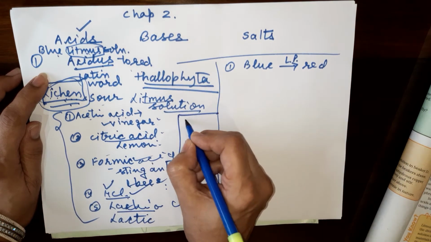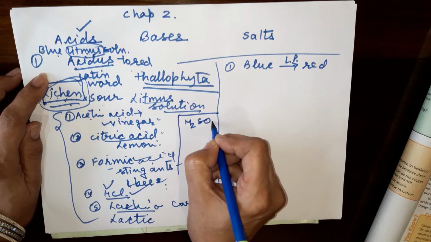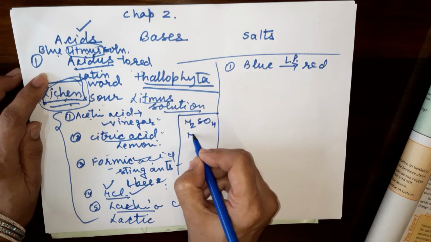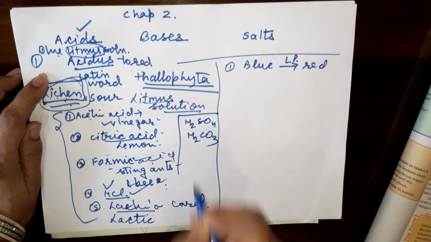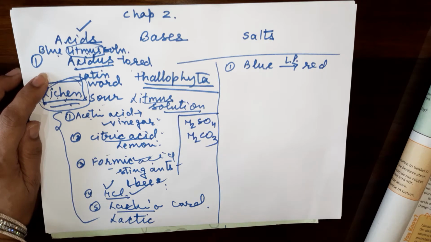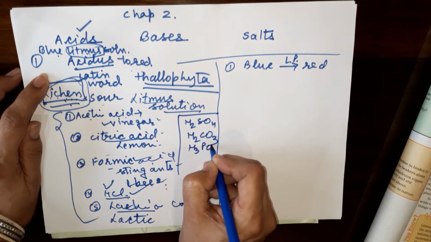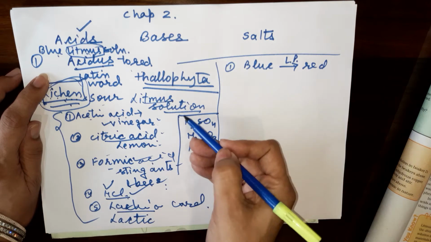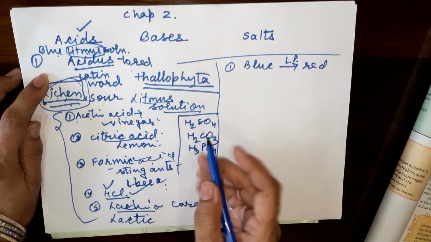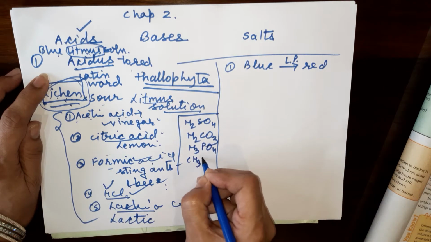HCl I have written. H2SO4, you know, sulfuric acid. H2CO3, carbonic acid. Similarly H3PO4, phosphoric acid. And the formula of acetic acid is also CH3COOH.